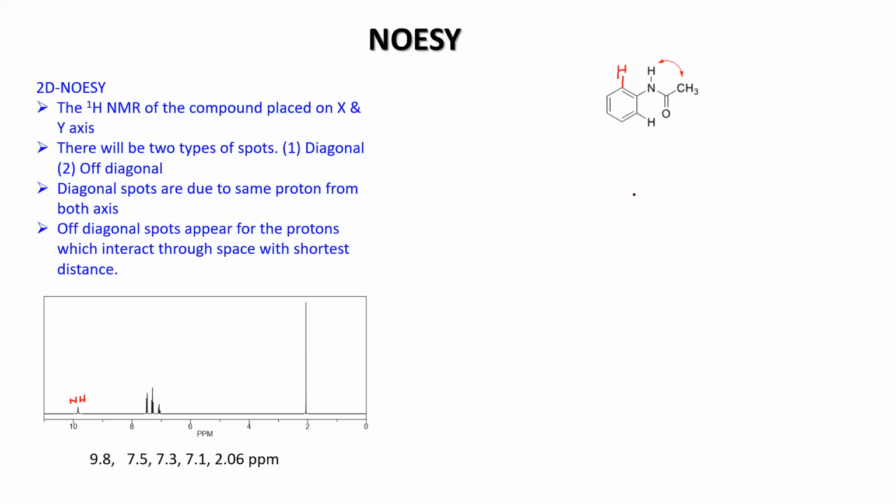The middle one, these meta protons, is 7.3, and 7.1 will be this proton. And methyl, of course, it is nearby 2, so 2.06. So this is the proton NMR.